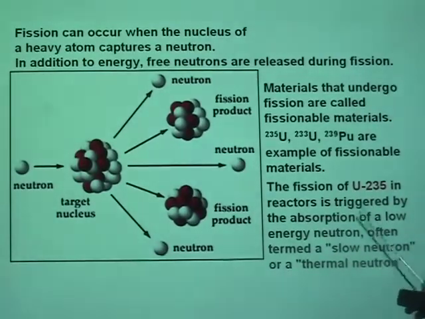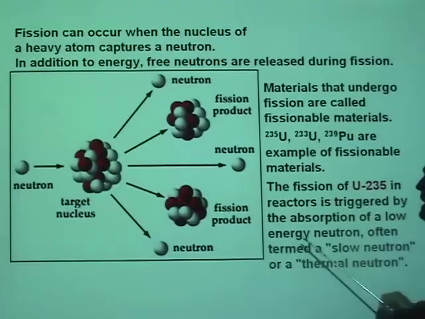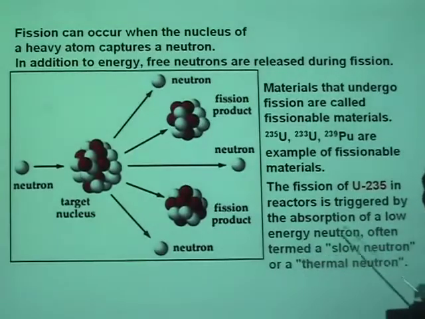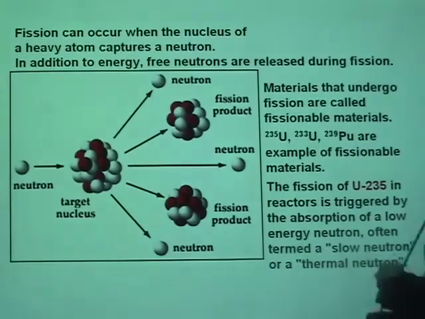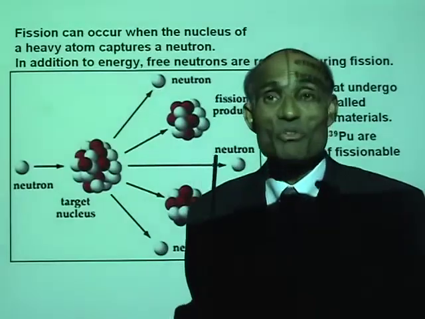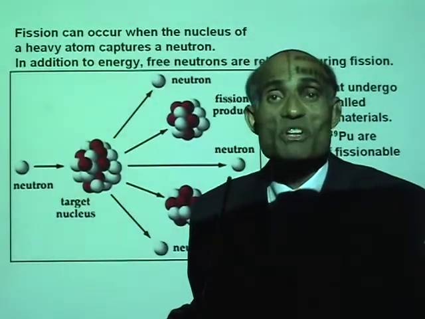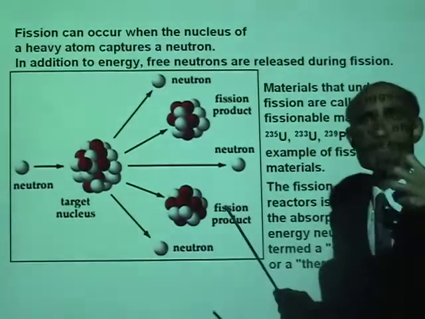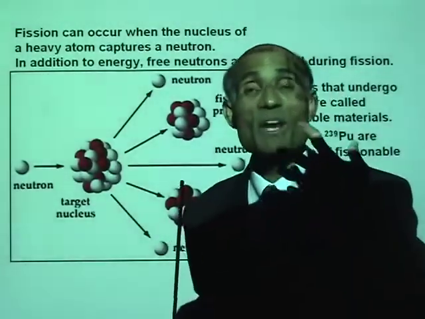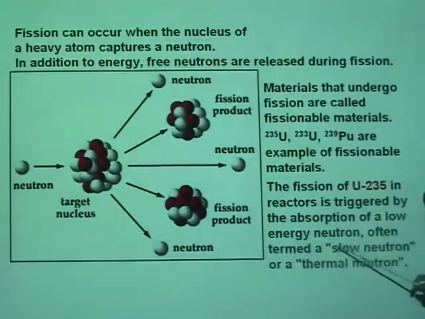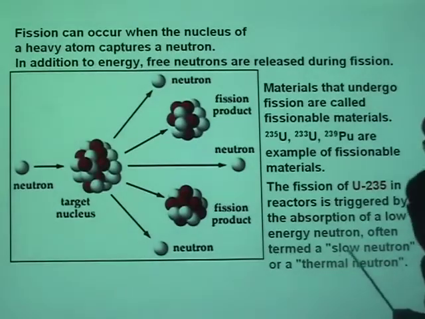The fission of uranium-235 in reactors is triggered by the absorption of a slow neutron, often termed a slow neutron or called a thermal neutron. So the fuel used in a nuclear reactor contains uranium-235, the fissionable material, and it will undergo fission once it captures a thermal neutron or a slow neutron.